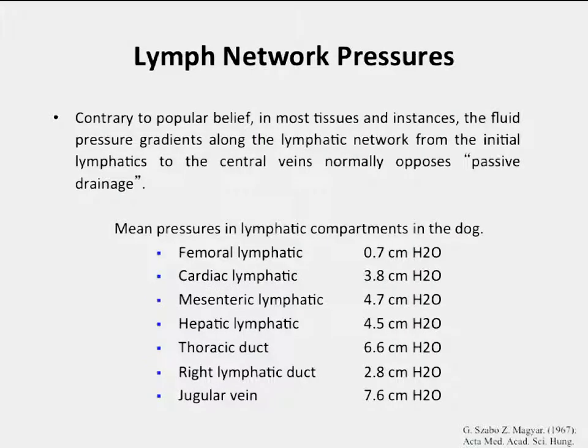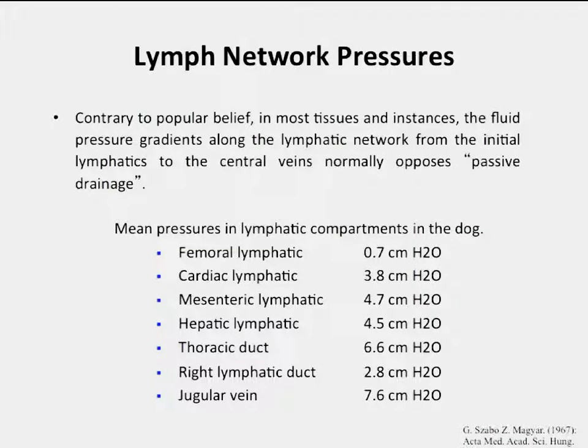This is just a quick pressure gradient to show you that the pressures in the lymphatic system, number one, are very low compared to blood pressures. We're talking about things that are near atmospheric, near zero, in fact, up to maybe 7 or 8 centimeters of water, where you have to return it back to the jugular vein.